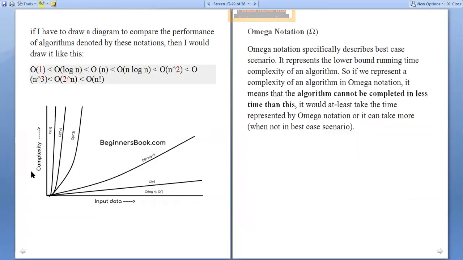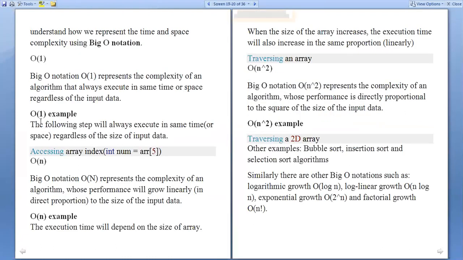Suppose O of n, what is O of n? Big O notation O of n represents the complexity of an algorithm whose performance will grow linearly. O of 1 is constant, while this one grows linearly in direct proportion to the size of the input data.